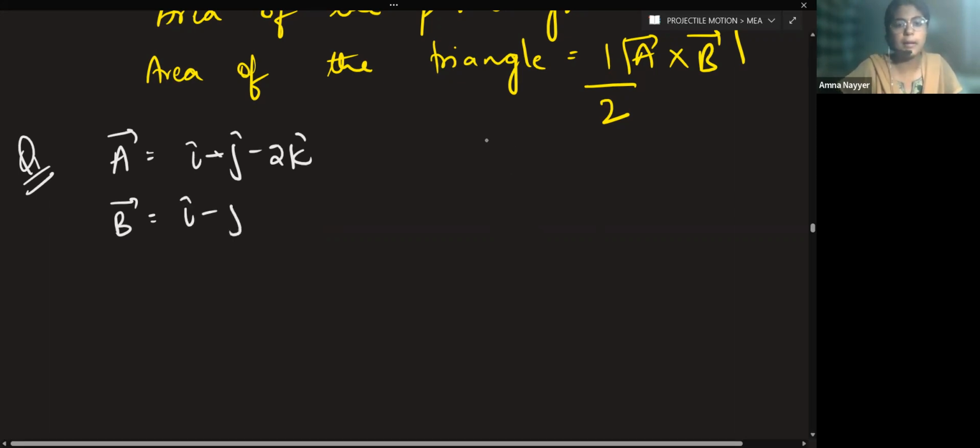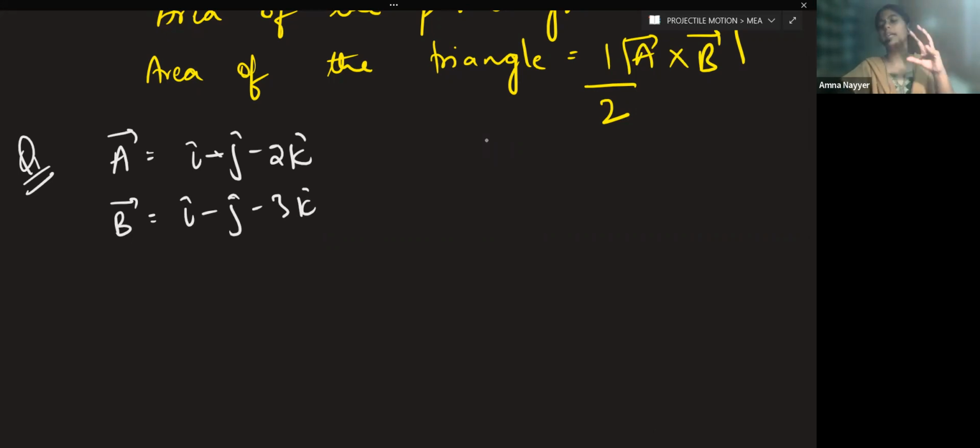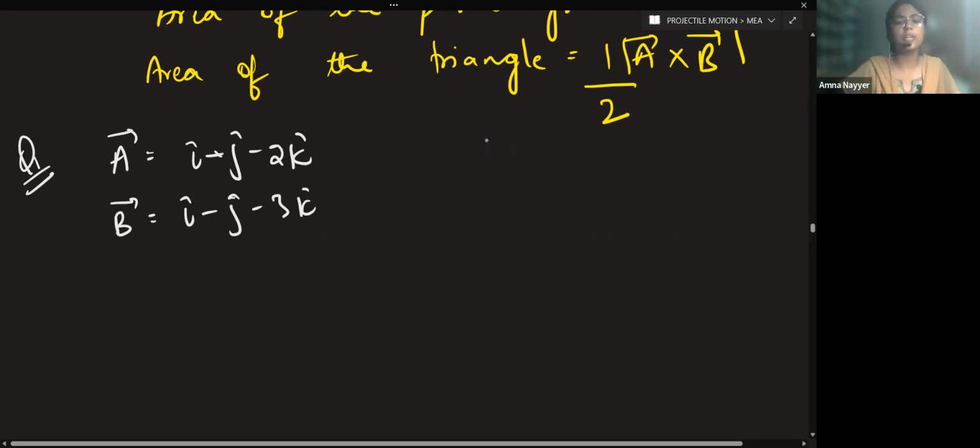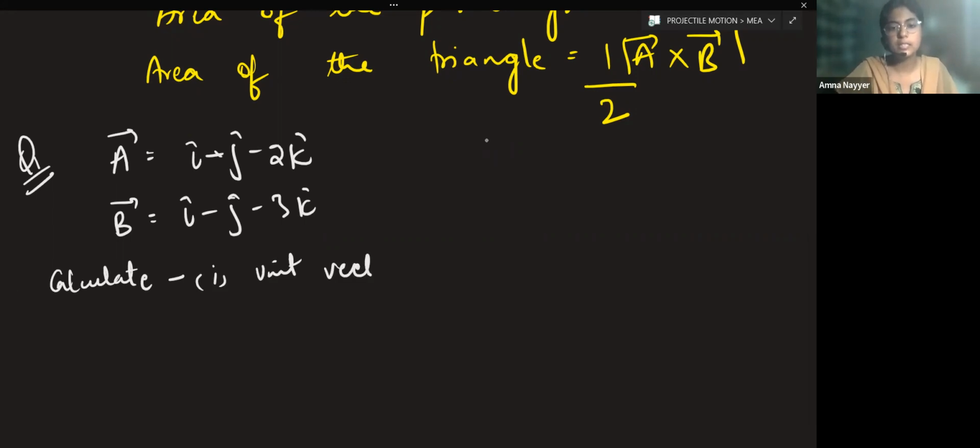B vector is I cap minus J cap minus 3K cap. So we have to find a unit vector that is perpendicular to both A and B. Then you have to find the area of the parallelogram.